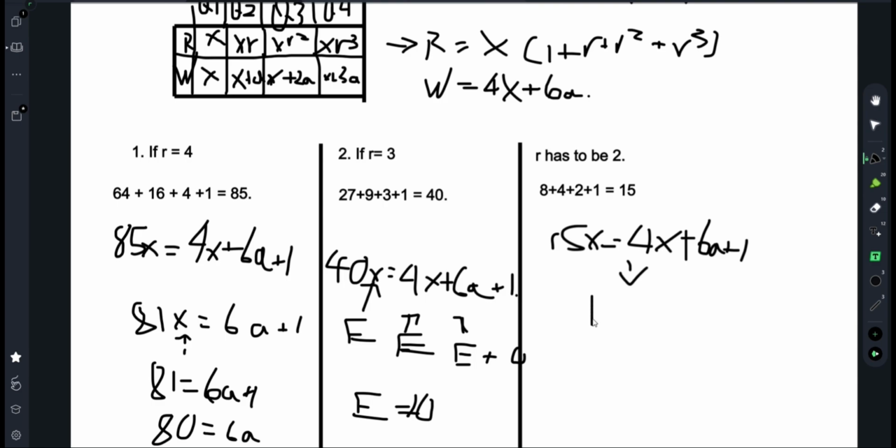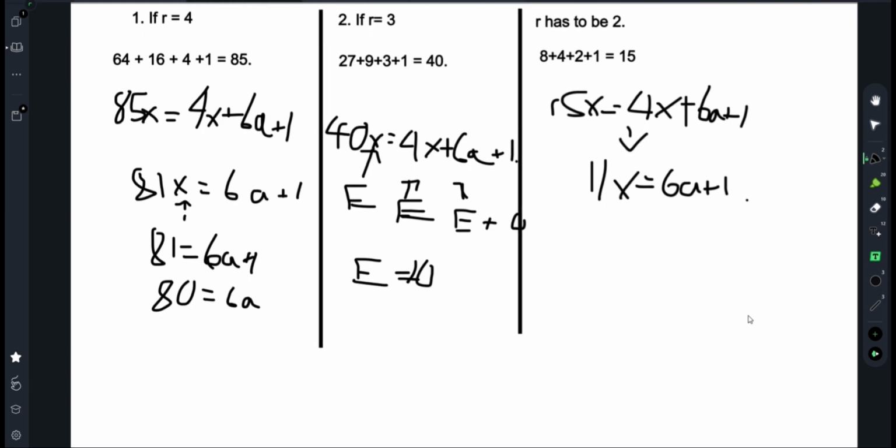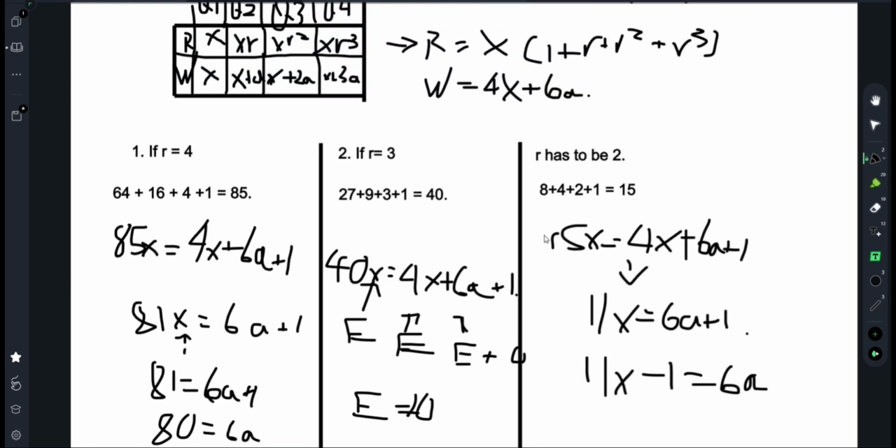This is 11x is equal to 6a plus 1. So 11x minus 1 is equal to 6a. So we can just start doing trial and error. Since 15x is less than 100, x has to be less than or equal to 6. So again, there's not that many possible cases, only 6.